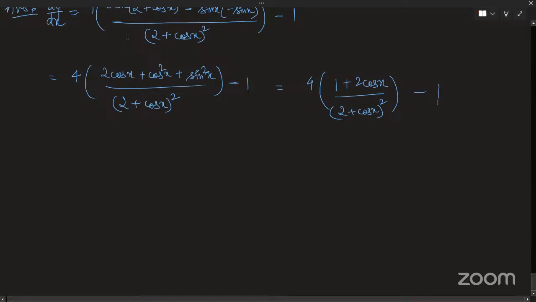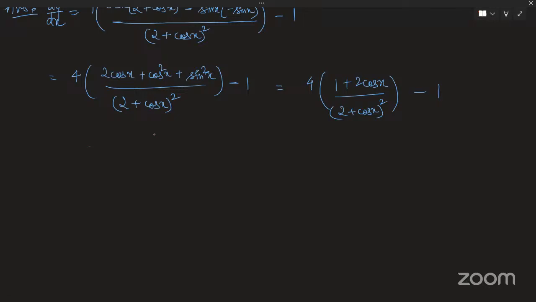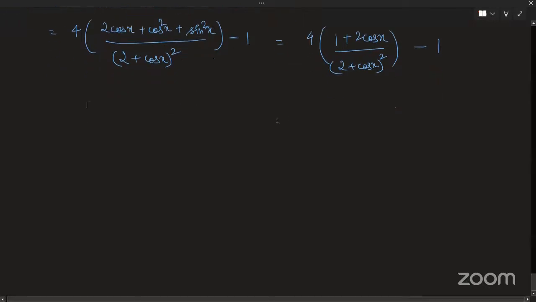Can you infer anything about this? I'm not very sure, but we have done it in relations and functions. You can just directly see that (2 plus cos x) whole square is always a positive value, right?